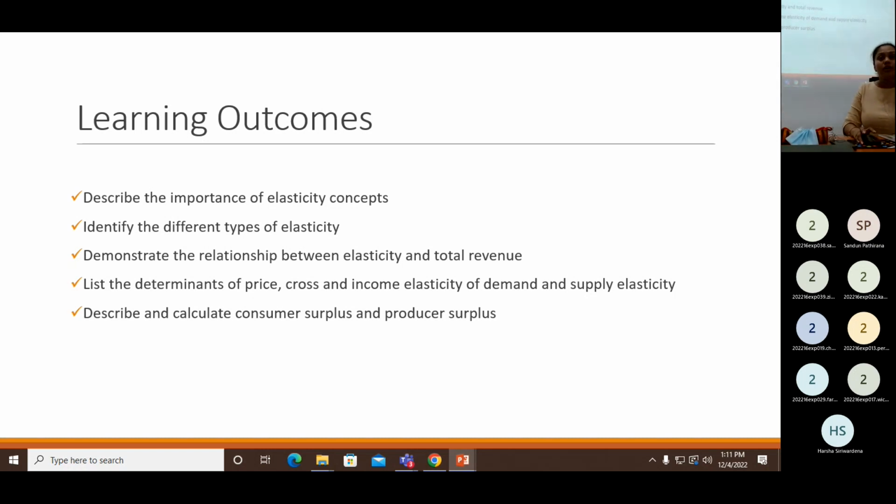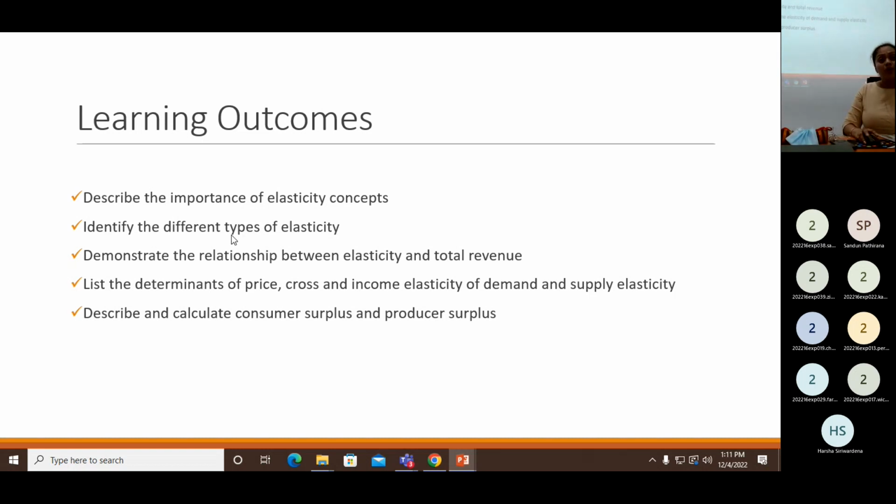Once you complete the lesson, you should be able to demonstrate these skills, right? So it's a good measurement for you as well as for us. By the end of the lesson, we can evaluate whether I have taught you all these learning outcomes, and you can evaluate yourself whether you have learned them, right?